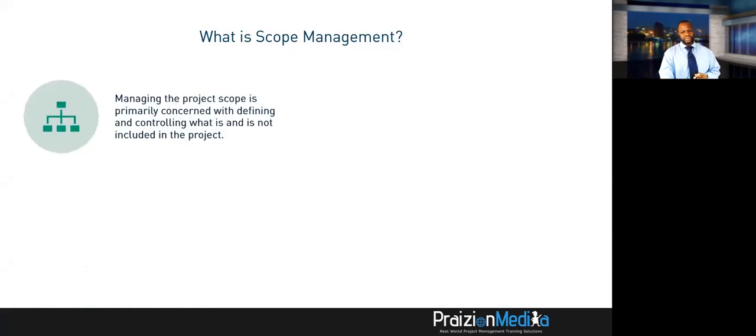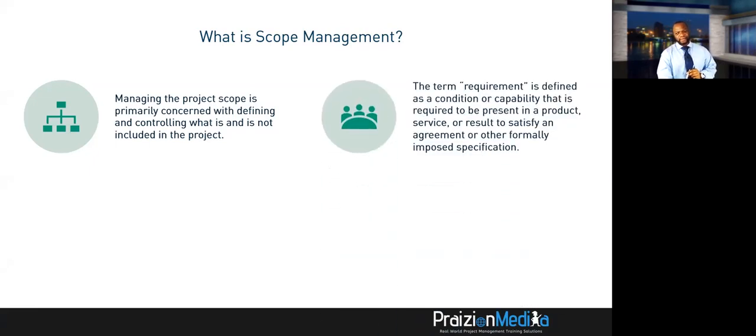Here's some tips. Remember, managing the scope is concerned with defining. You've got to define what is in the project, and then you've got to control what is not in the project as well from getting in. Don't let it get in.